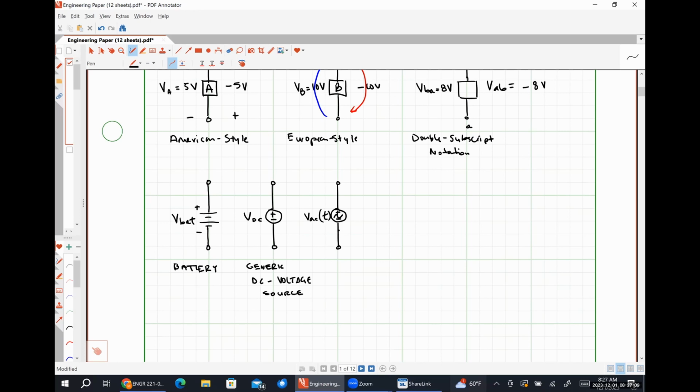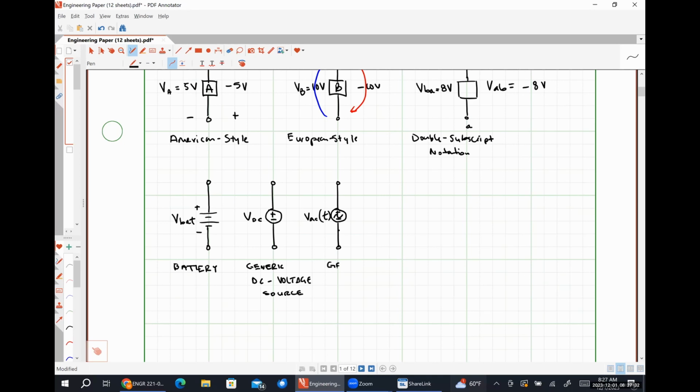So when I'm talking about DC quantities in this class, meaning that they are constant values and don't change in time, I'm going to use capital letters. And when I'm talking about time varying quantities, I'm going to try to be consistent and use lowercase letters. Okay, so that's also going to give us some hint as to whether we're looking at a DC system or an AC system.